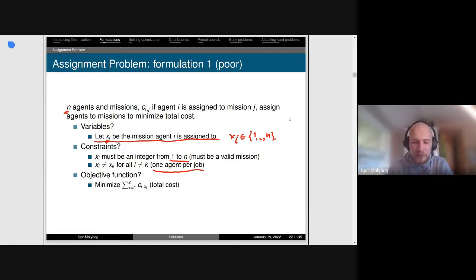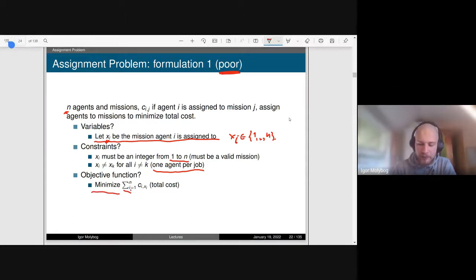So the thing that I'm doing right now, if you can see it on the slide, this formulation is actually poor. If we were to write down a good formulation, we actually needed a constraint to impose that. But we are writing a poor formulation. For the poor formulation, we don't need that. The objective function is to minimize the sum of all i's from 1 to n.